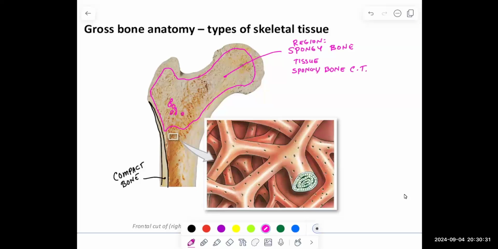So on the practical exam, when you get mad at us for not marking you correct because you just wrote spongy or bone and didn't write bone connective tissue, this is why. They're talking about two different parts. All right. Compact bone is the region. What is the tissue? Compact bone connective tissue.